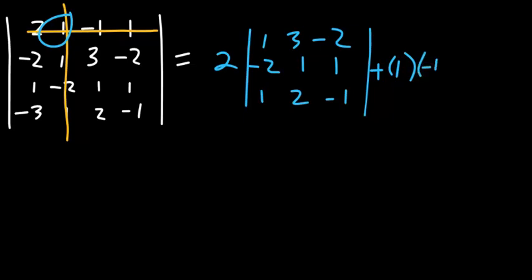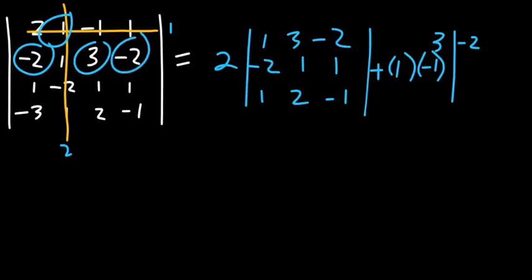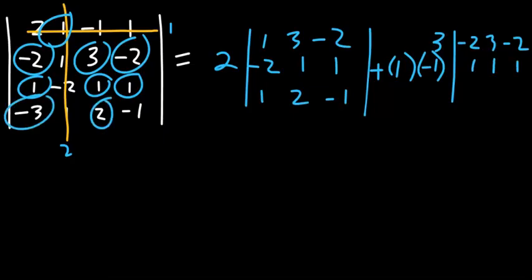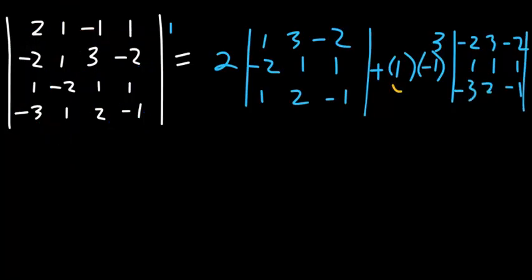The cofactor is minus 1 to the power of row 1, column 2, so 1 plus 2 is 3, times the remaining order 3 determinant, which is minus 2, 3, minus 2, 1, 1, 1, minus 3, 2, minus 1. This entire term is simply minus 1.